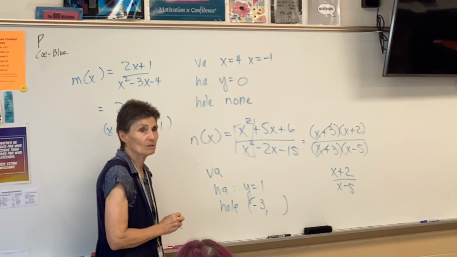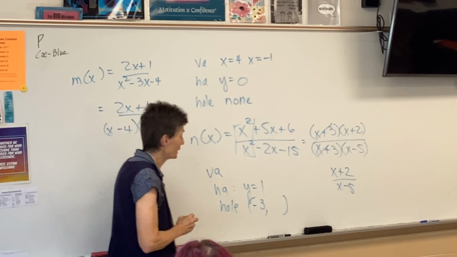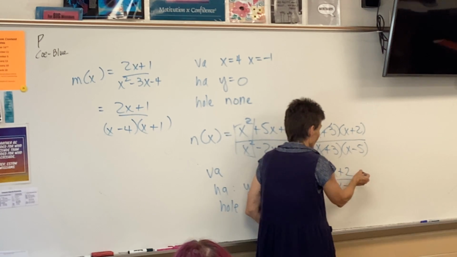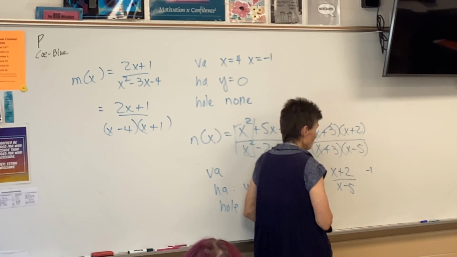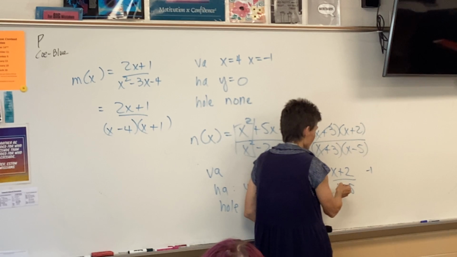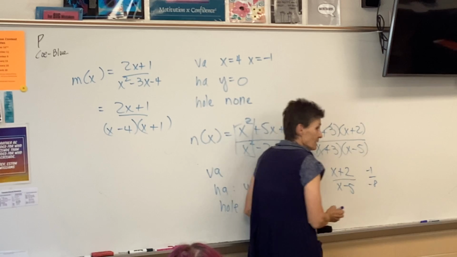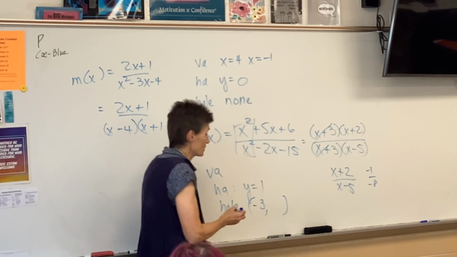How do I find the y? You plug it in. So -3 plus 2 is -1. And -3 minus 5 is -8. So 1/8.